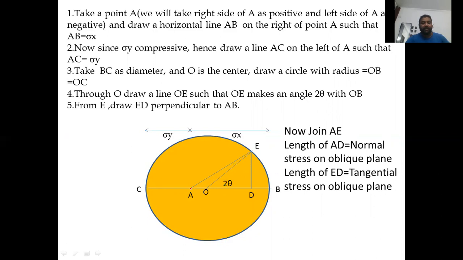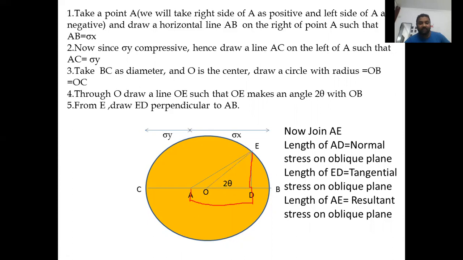The length ED will give you the tangential stress on the oblique plane. And this length AE will give you the resultant stress on the oblique plane.